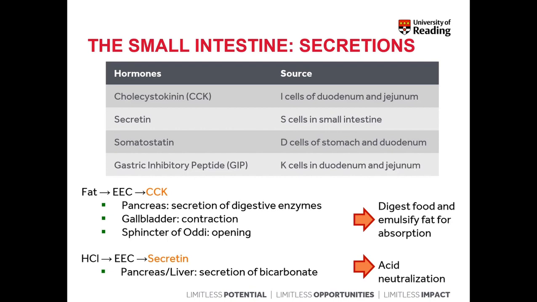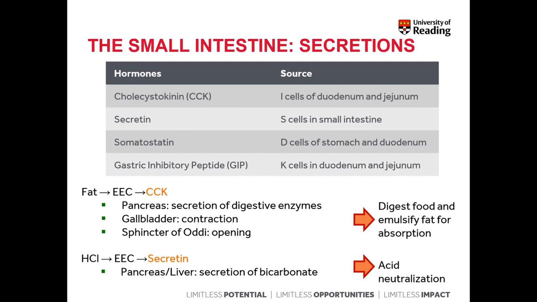And it also promotes the opening of the sphincter of Oddi to allow the bile salts to reach the small intestine. So at that point, the fat contained in food is emulsified in micelles, increasing then the surface to volume ratio of the fat that can be attacked by the pancreatic lipases. And so you can see how cholecystokinin stimulates both the secretion of bile acids and pancreatic lipases in order to digest the fats.